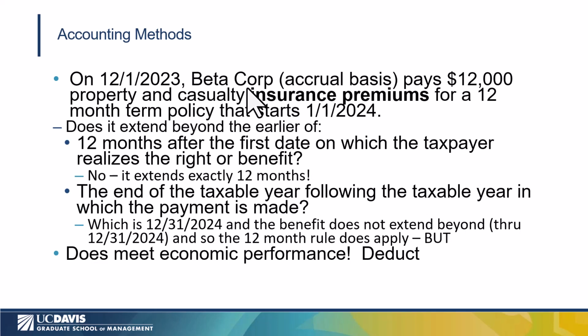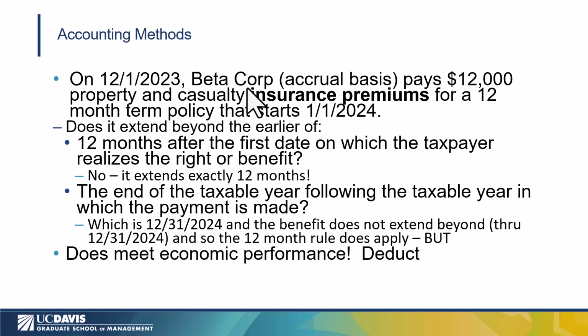I want to contrast that with the same example, except now it's for an insurance premium. Okay, so all the same 12-month rules apply here. So really what we're distinguishing is, when does economic performance occur with respect to insurance? And the argument that taxpayers have made successfully is that, well, wait, if I'm buying insurance, that insurance applies as equally on the very first day of the year as it does on the last day of the year.